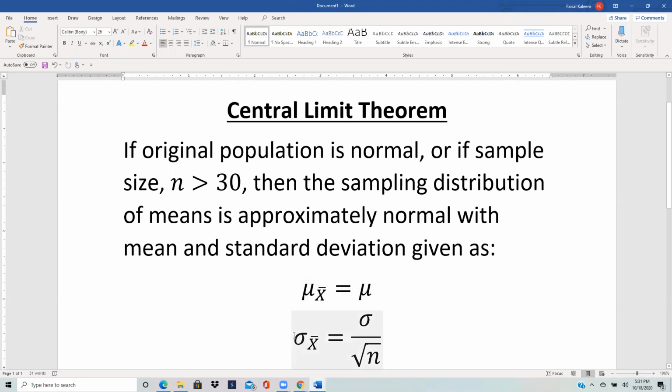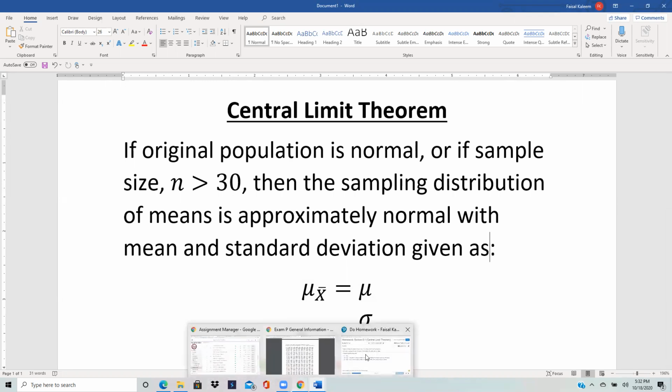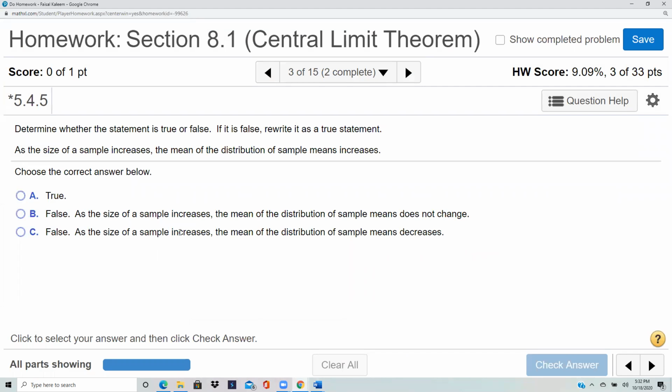The standard deviation does. The mean stays the same no matter what the sample size is, but the standard deviation decreases if the sample size increases, because it's in the denominator. So when the size increases, the mean does not change.